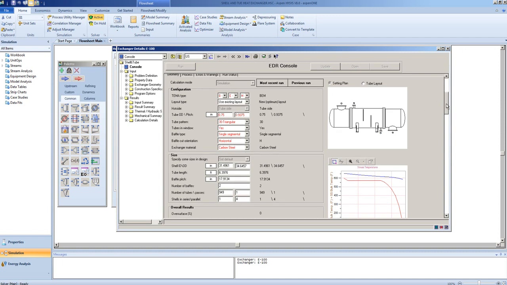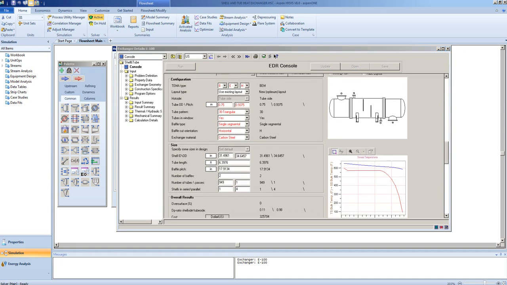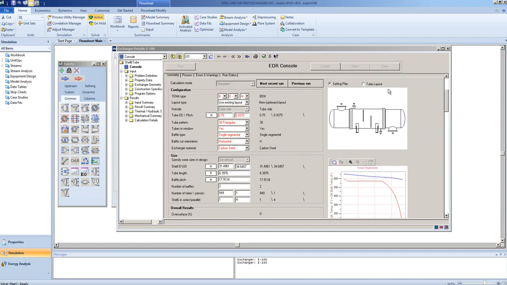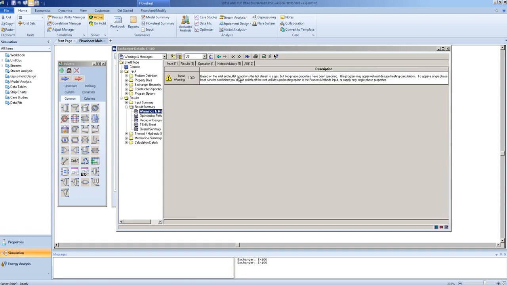You can see the temperature profile of the exchanger. You can see the tube layout. You can look at the results summary, and any warnings or messages that may have come up.